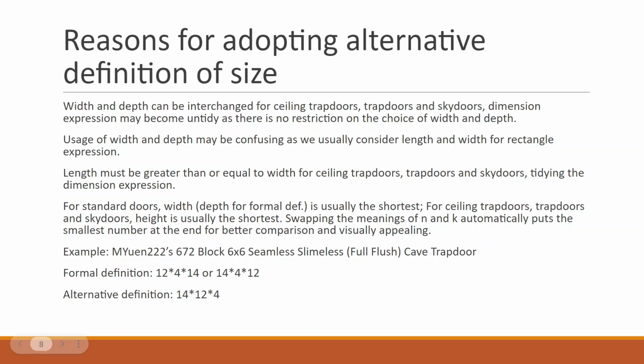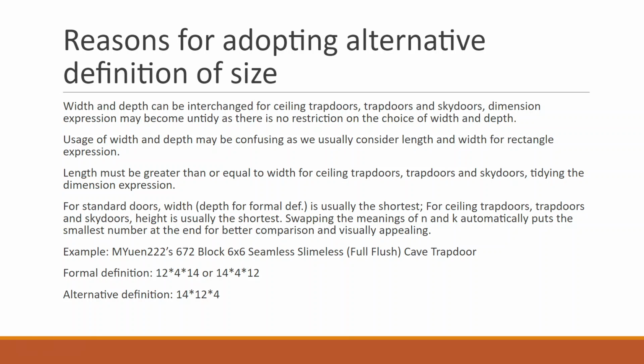And because we are using the alternative definition, we automatically put the smallest number at the end. You can see it decreases to the right, and it makes for better comparison and is visually appealing.